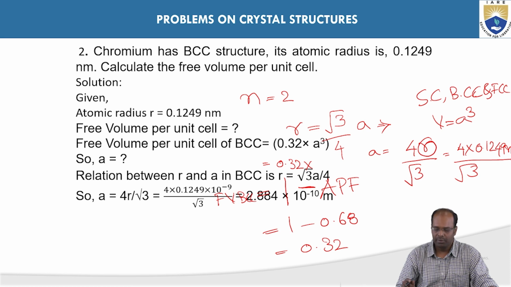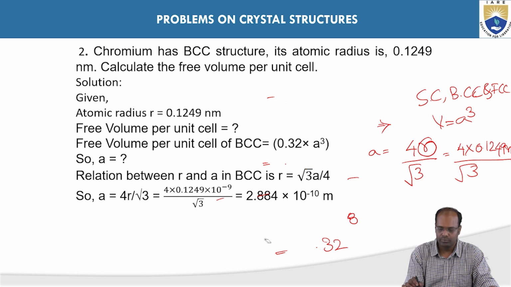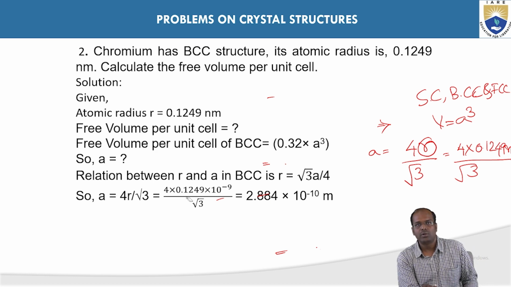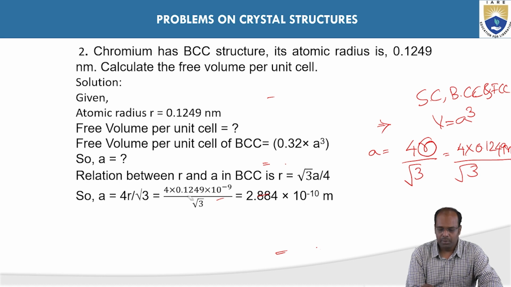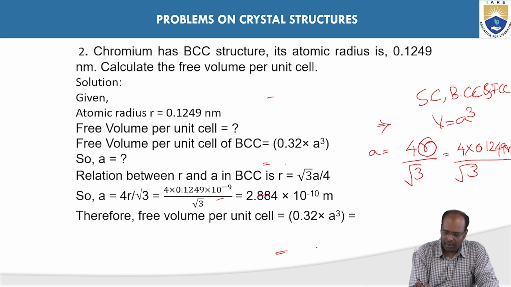So here we are getting, a is equal to 4r by root 3, with r equal to 0.1249 into 10 to the power of minus 9 divided by root 3. So we are getting 2.884 as the lattice.